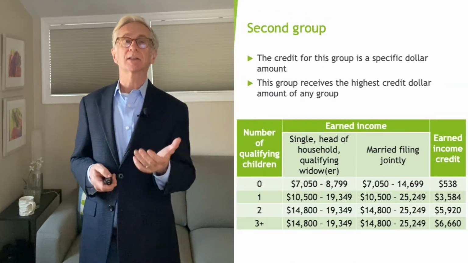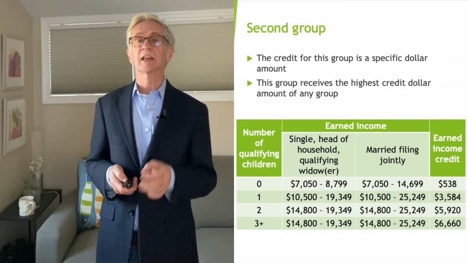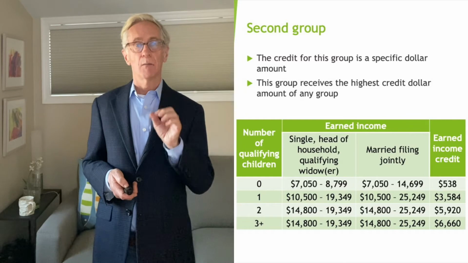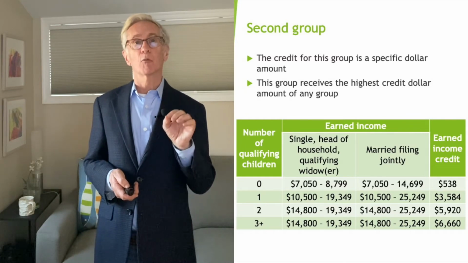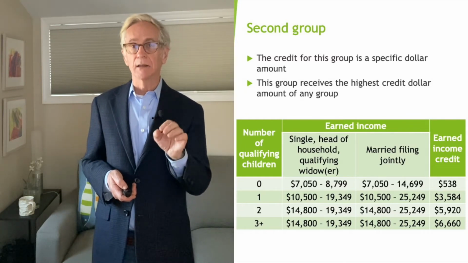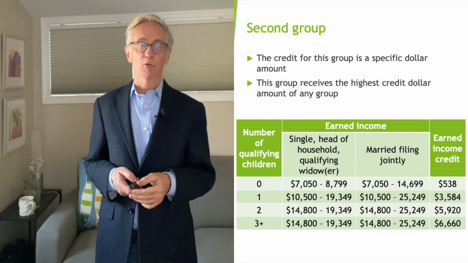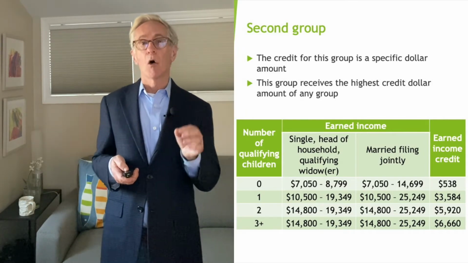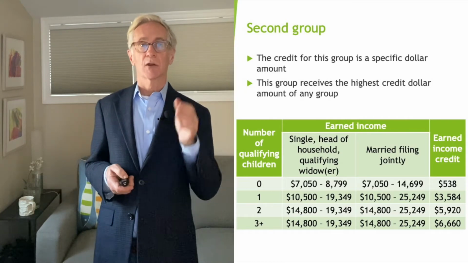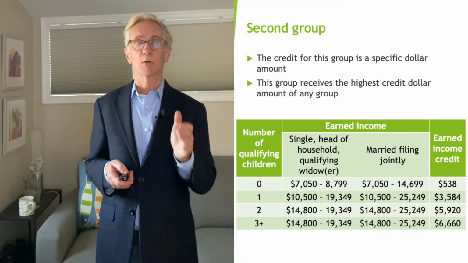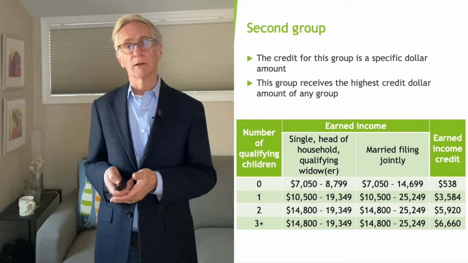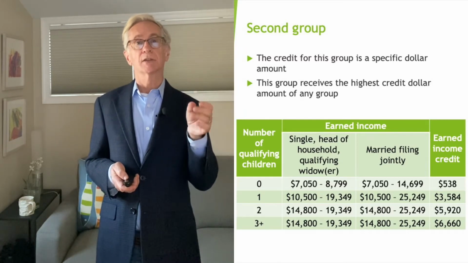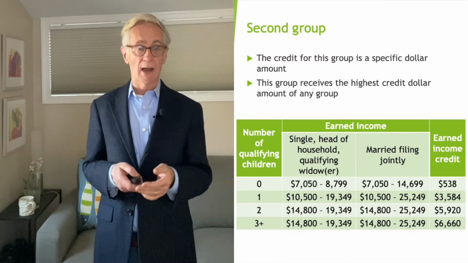So remember I said the credit for this group is a specific dollar amount. And by the way, this group receives the highest credit dollar amount of any group. Now it does depend on your filing status, whether you're single, head of household, qualifying widower, or married filing jointly. So you look in the table and ask, how many qualifying children do I have?